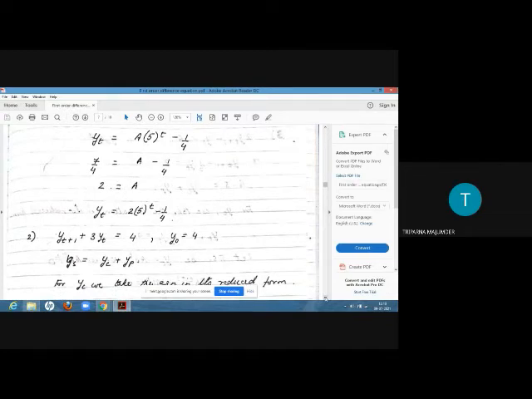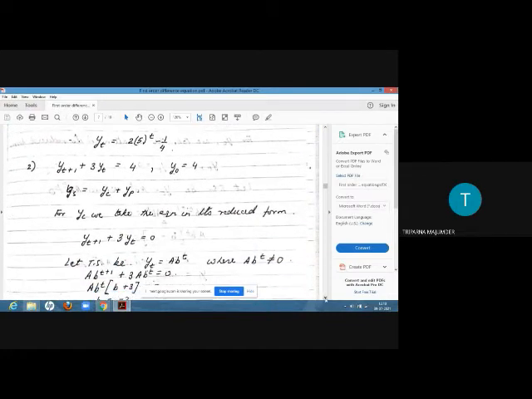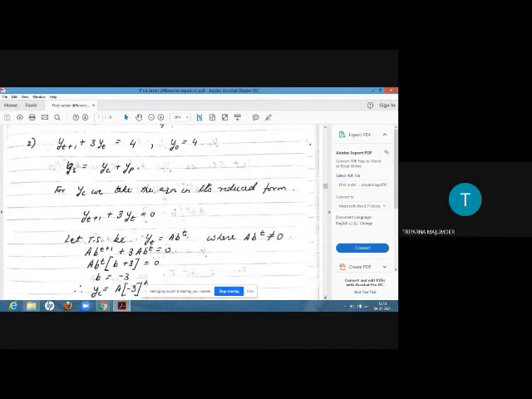Now we take another example. What is it? It's yt plus 1 plus 3yt is equal to 4, and the initial condition is given as y0 is equal to 4. So the general solution consists of two parts, yc plus yp.